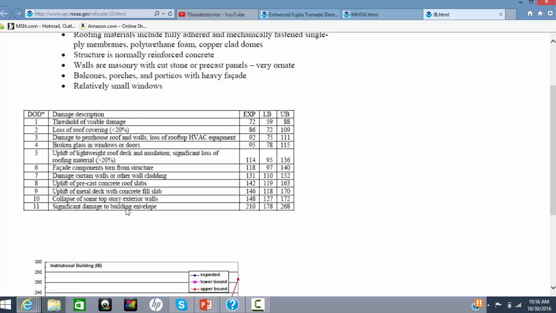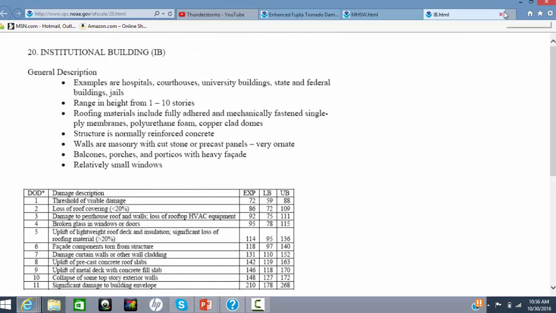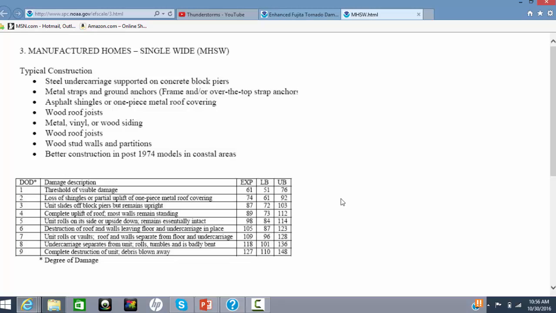Some walls were destroyed, exposing interior parts of this hospital. So let's just say that's what we saw. There's your average wind speed. You take the low and the high and take the average, 210. So we're going to work with a 210 mile an hour wind. Go back to the EF scale.